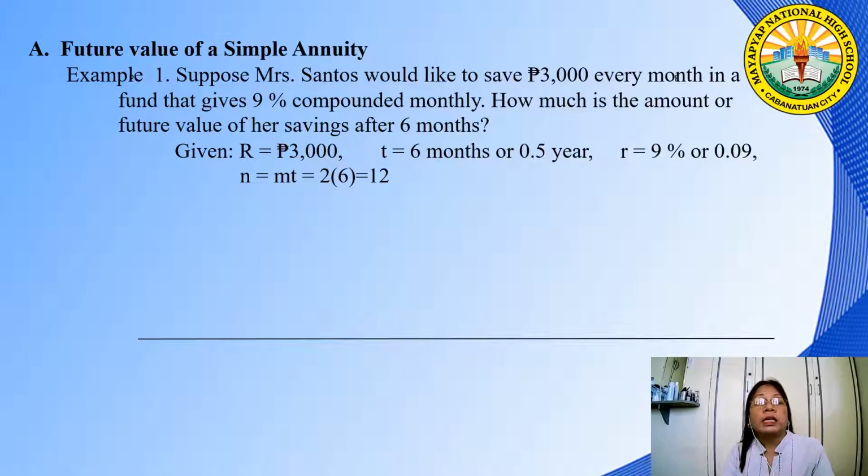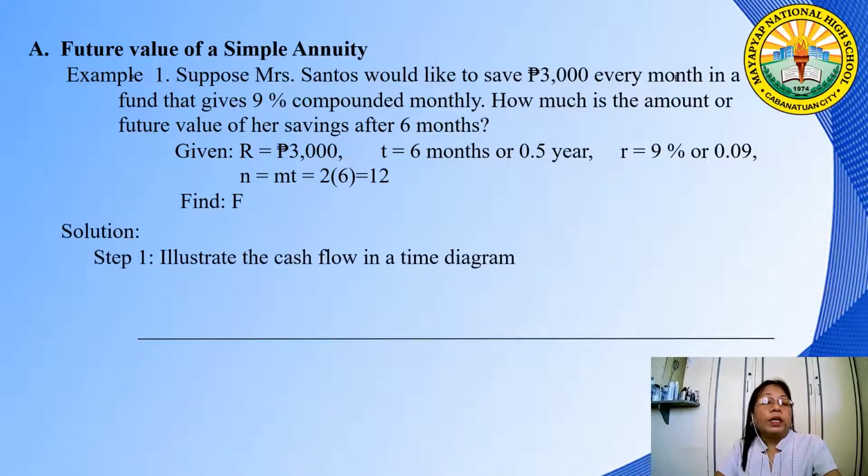T, or the time, is 6 months or 0.5 year. The rate is 9% or 0.09. N equals mT, which is equal to 12 times 0.5, and that is equal to 6. So you are asked to find F, or the future value.